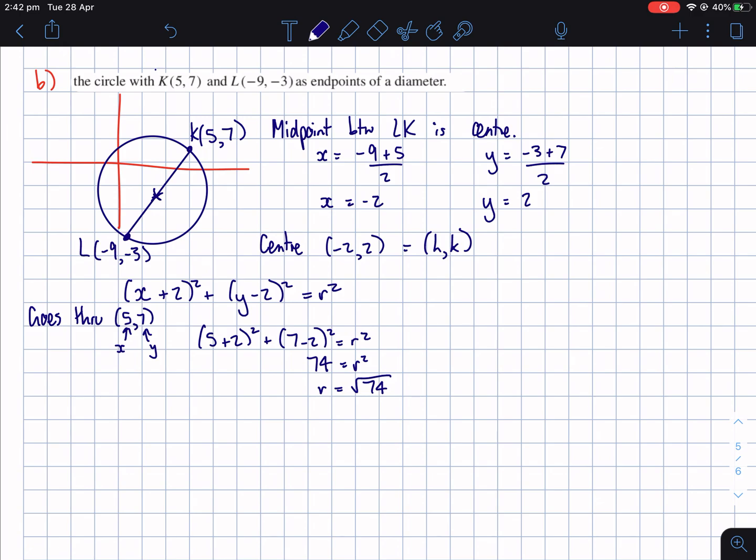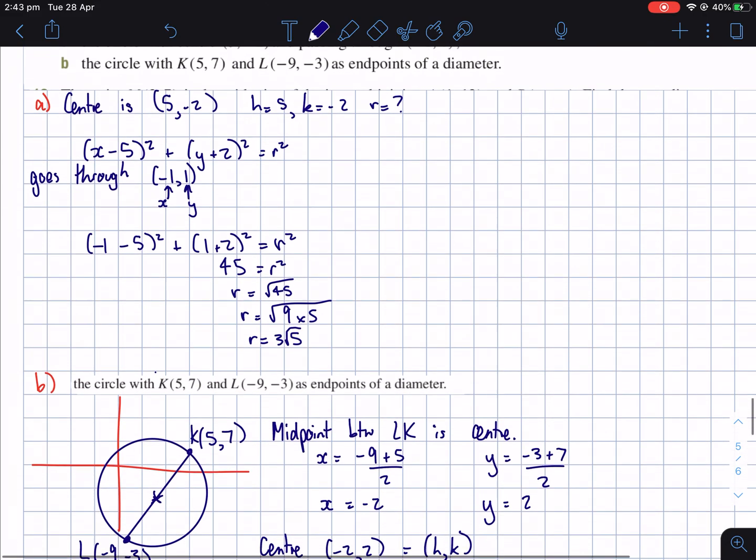Let's see if anything good goes into that. No, nothing good goes into that, so that's the radius. So therefore, the equation is x plus 2 squared plus y take 2 squared equals root 74 squared, so that's 74.